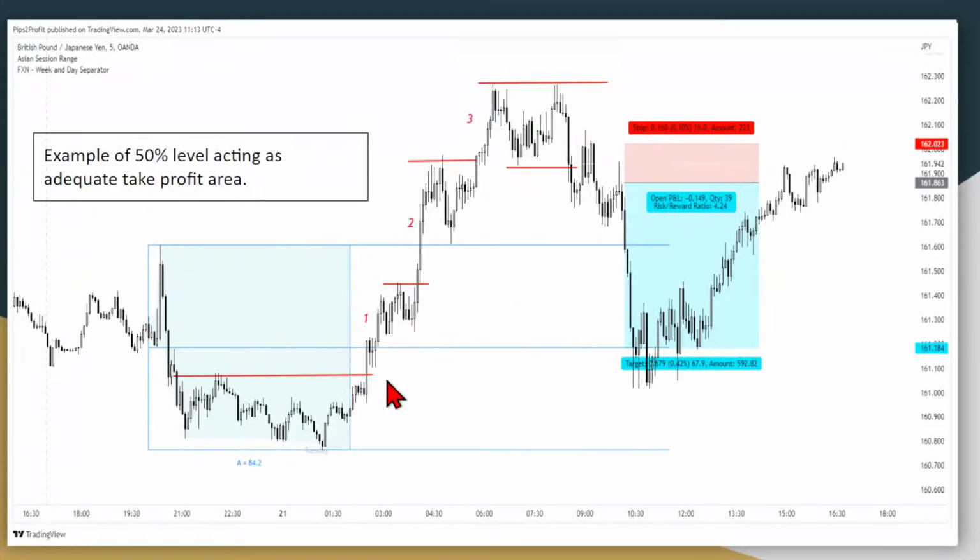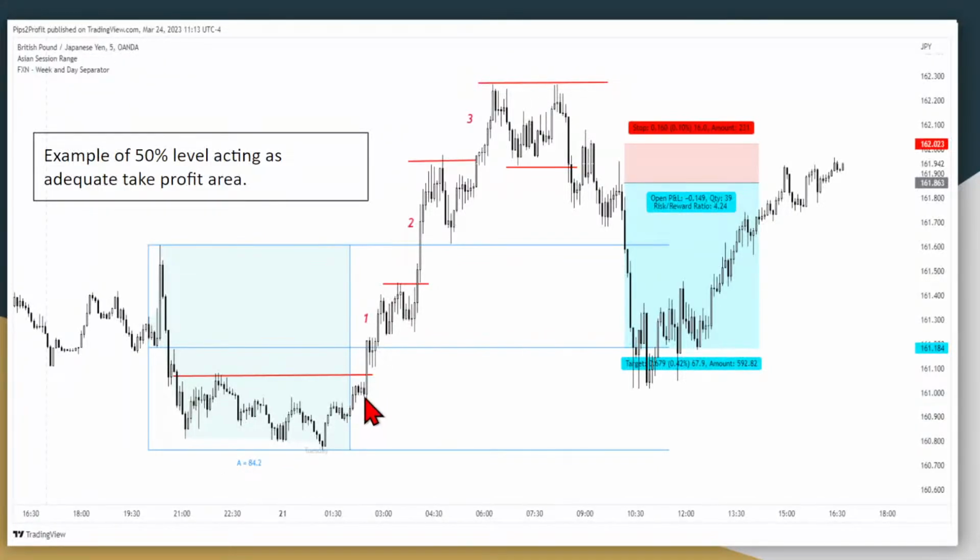But from this, I don't want to just show this as the 50%. I want to show the trapped volume, okay? We have this big box of volume, right? Most of the day has traded under this 50% level, right? So it's safe to say that most of the day has traded at this point under the 50%.